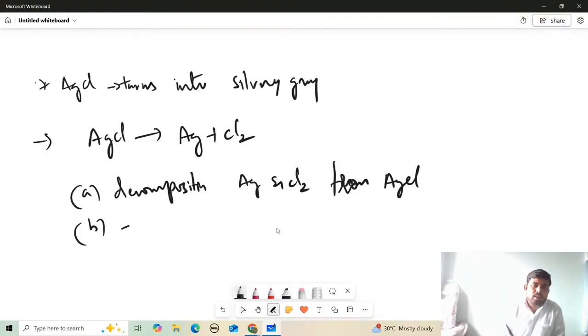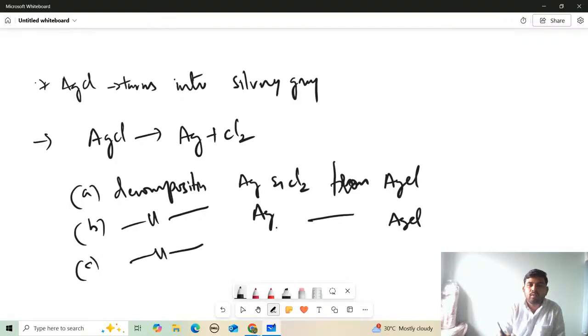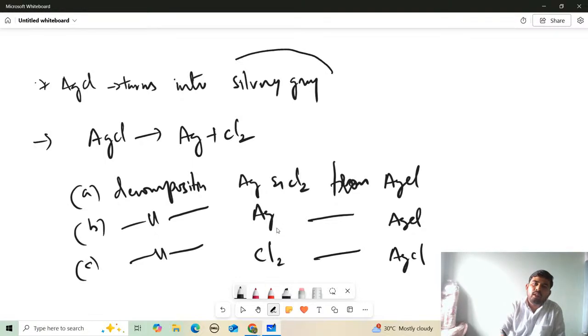Option B, decomposition of Ag from AgCl. Option C, decomposition of Cl2 from AgCl, and some other options. You see, the given word is silvery gray. Silvery gray because of what, sir? Because of silver. That's why I should choose this option.